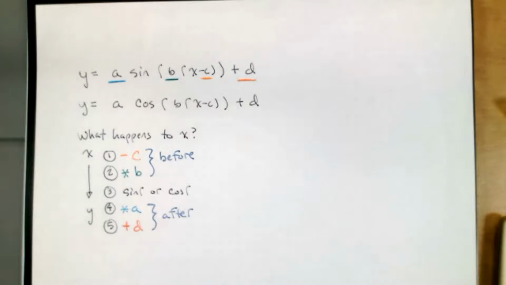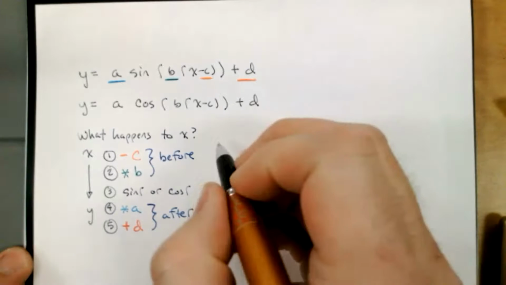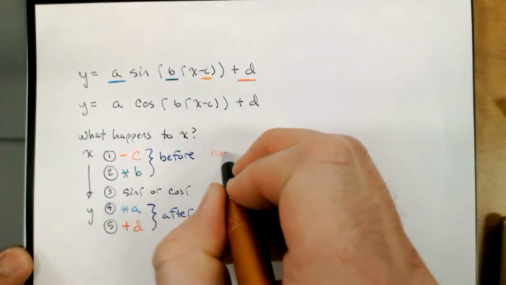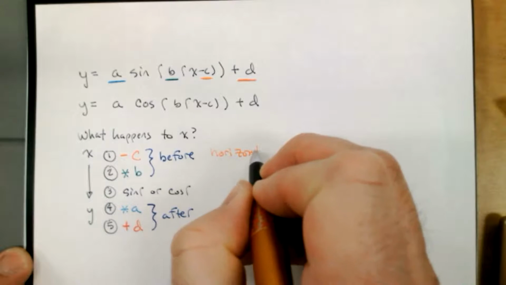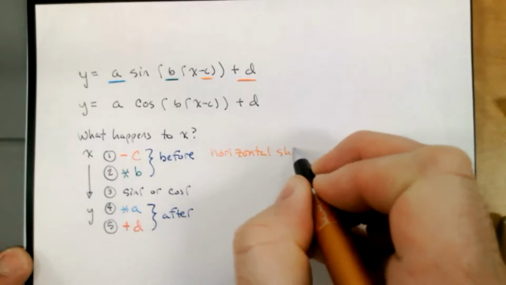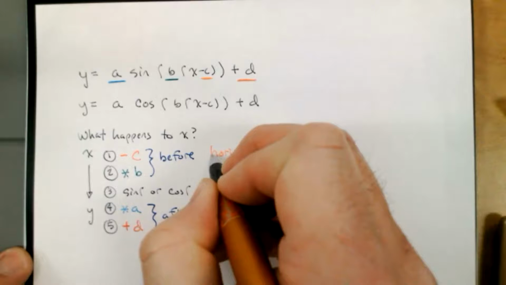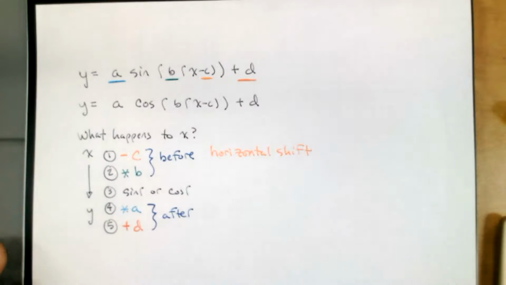Now, if we combine before and after with what the operation is, we can see what each of these numbers are going to do. C should produce a horizontal shift. Multiplication by B before sine or cosine will produce a horizontal stretch.